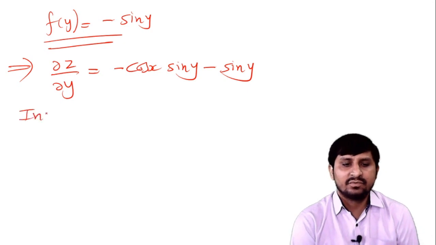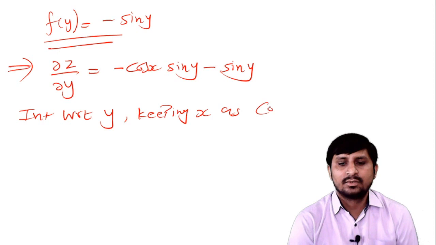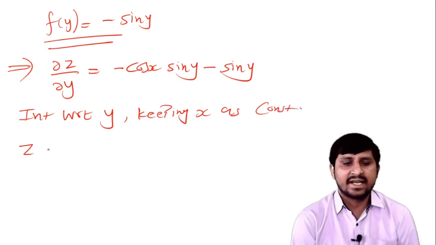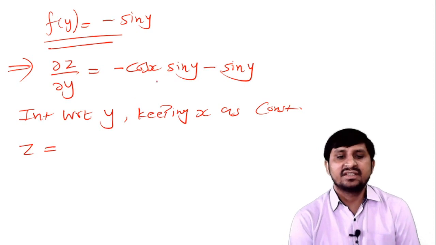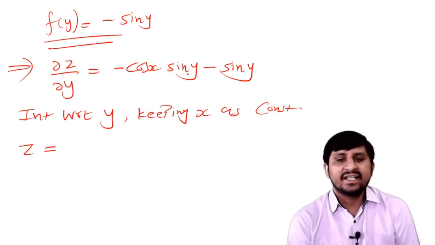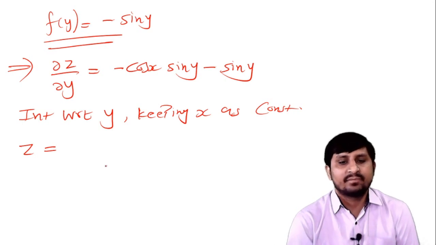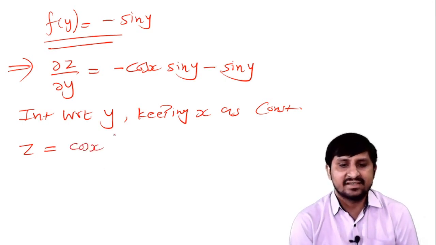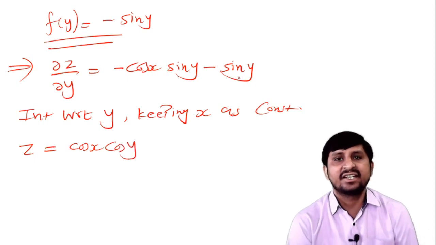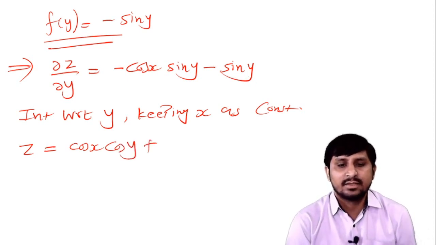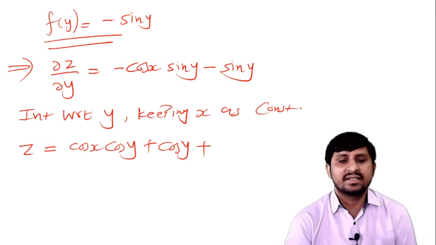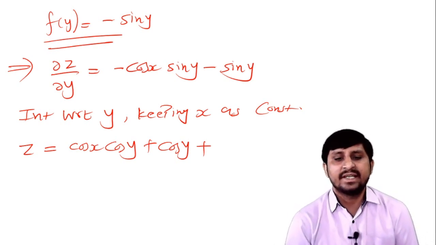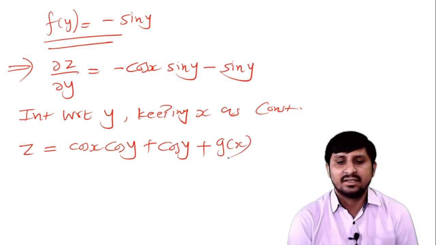Now integrating with respect to y, keeping x as a constant, z is equal to: the integration of sin y is minus cos y, so cos x cos y; once again the integration of sin y is minus cos y, so plus cos y; and plus, integrating with respect to y keeping x as a constant, we add some function of x, g(x).